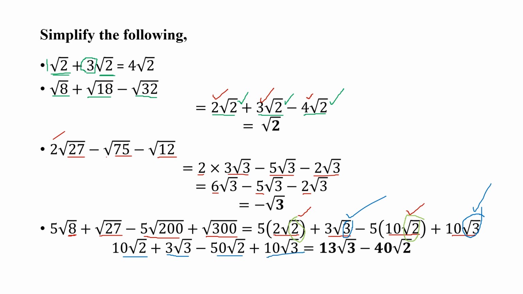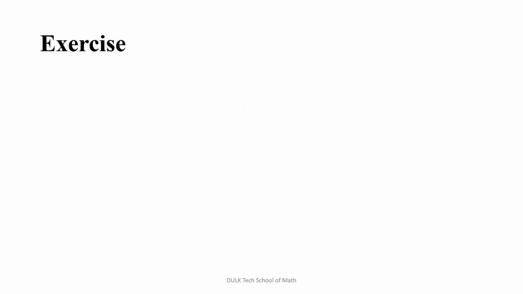Now let's collect like terms and simplify. 3 root 3, we are now simplifying the coefficients. So it's 3 plus 10, which is 13 root 3. And finally, 10 root 2 minus 50 root 2, we get minus 40 root 2. And this is our final answer.